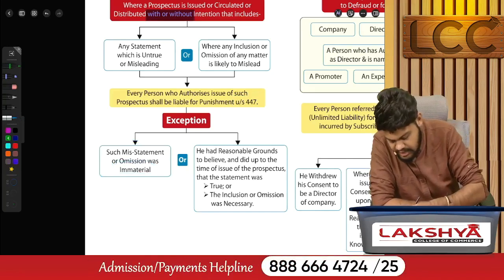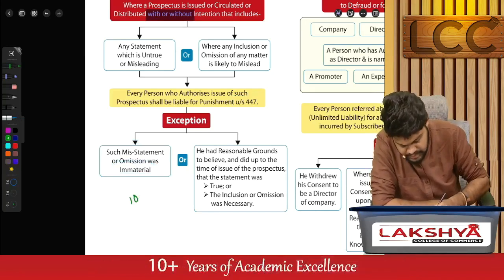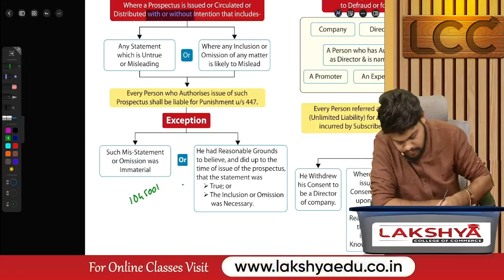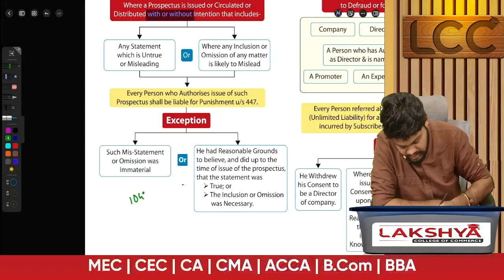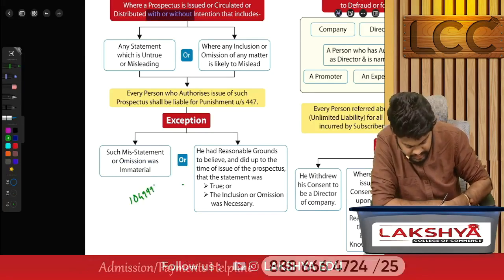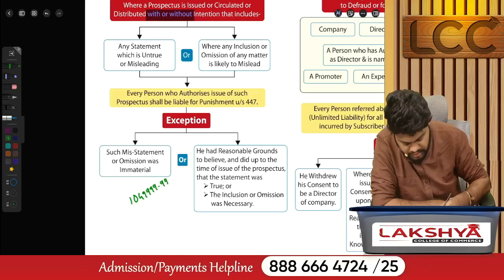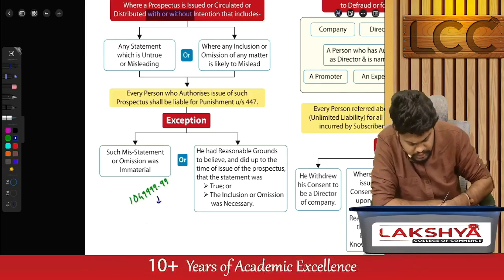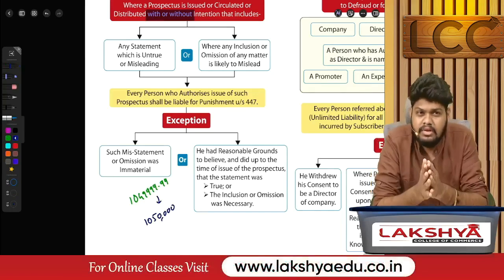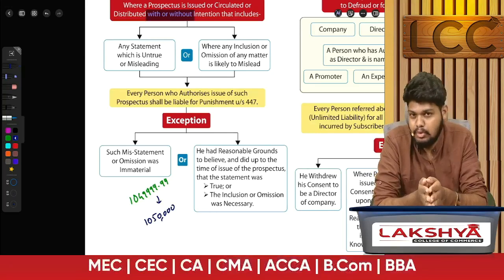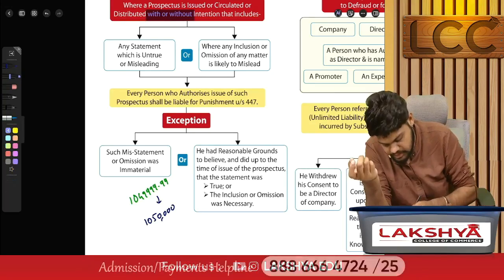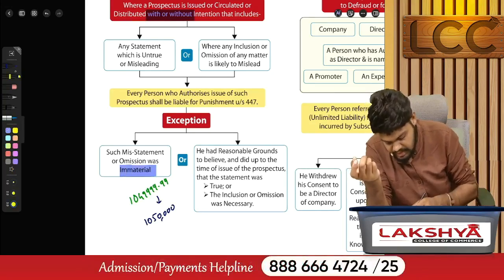Say the company has a profit of 10,49,999.99, and they decided to round it off and mention 10,50,000. Is it material? No. Was it intentional? Yes. Are they liable? No, because it is an exception. They're not liable if it is immaterial in nature.